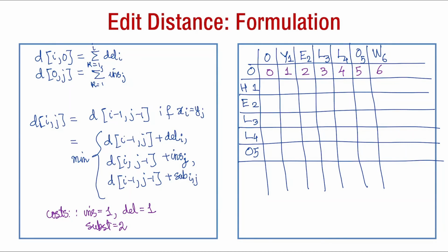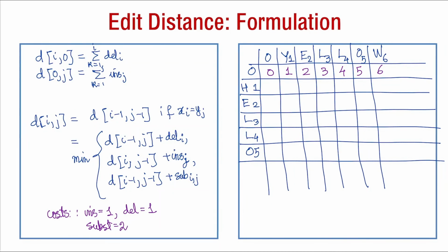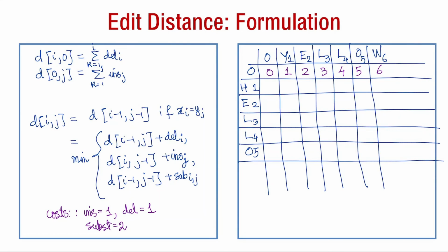Suppose that is the situation, then we will see what are the best options that we have. Let us put substitute equal to 3, 2 or 3, whatever, it does not matter.